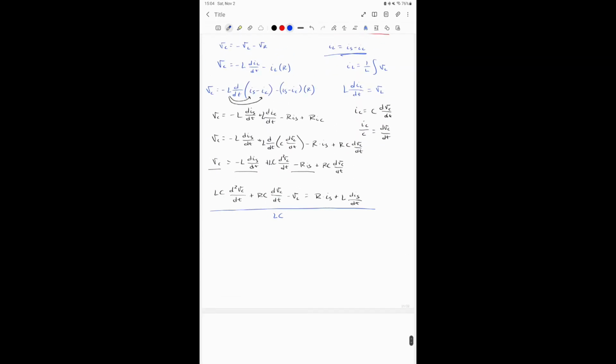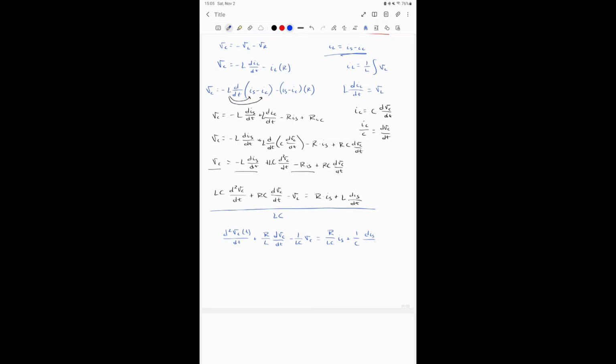So that's going to give us d squared vc of t over dt plus, you're going to divide by L on both sides here, so it's going to be R over L, and then dvc over dt, and then minus 1 over LC vc, is equal to R over LC plus, this L is there, so it's just going to be 1 over C dis over dt.